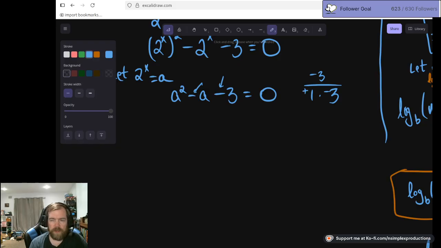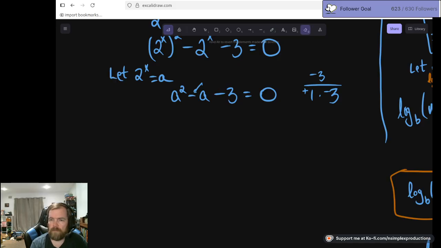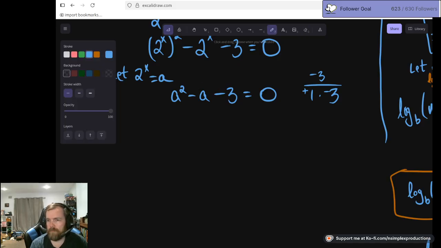So negative product means opposite signs. These quite clearly add to negative 2, which is not the number we have here. Right, so we can't use standard factorization. We have to use the quadratic formula or some other method that you might be able to come up with.